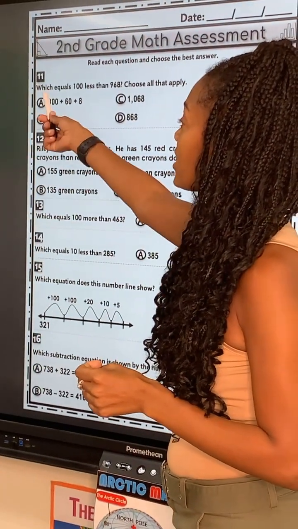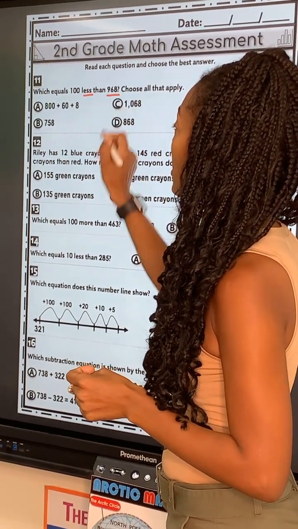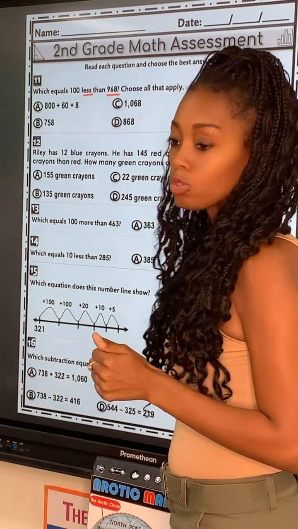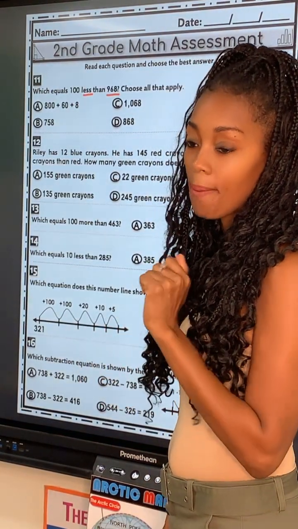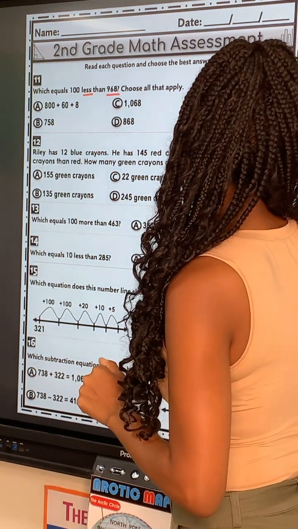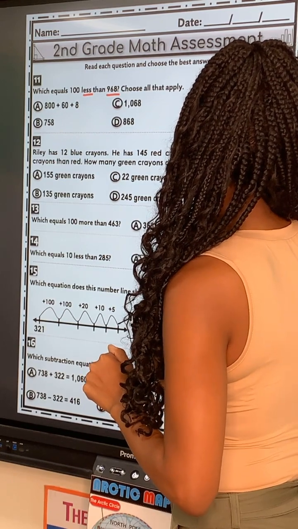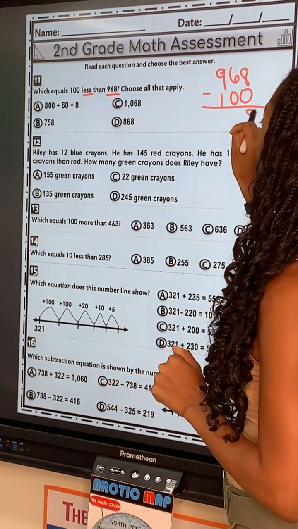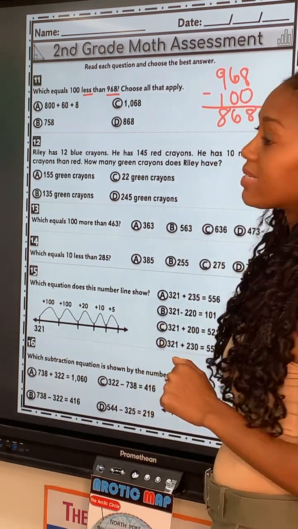Number 11 says, which equals 100 less than 968? Choose all that apply. When it says choose all that apply, that means there is more than one answer. 968 minus 100. 8 minus 0 is 8. 6 minus 0 is 6. 9 minus 1 is 8.